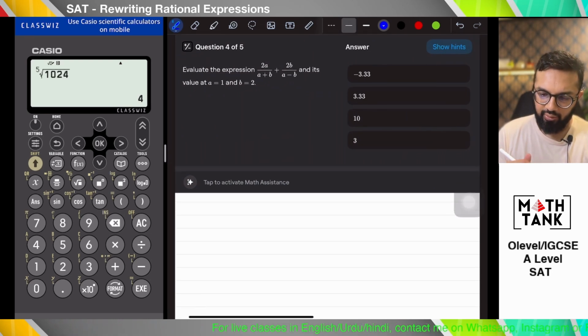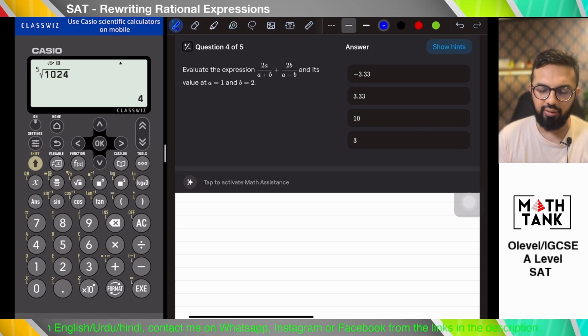Evaluate the expression and its value at a equals 1 and b equals 2. I could take a common denominator first and then do it, but I see the expression will become more complicated because I don't have the same denominator on both.